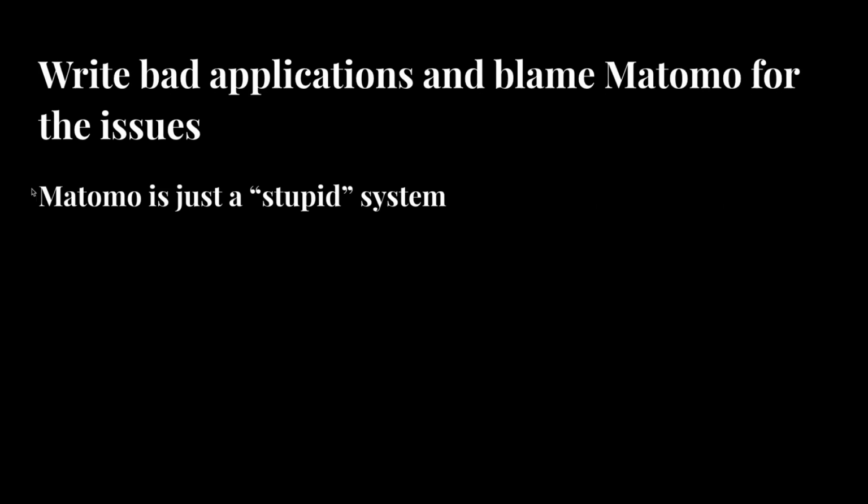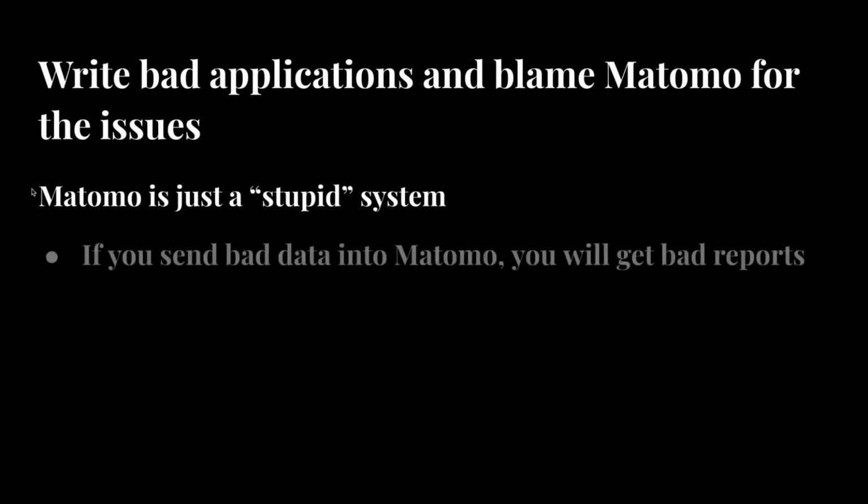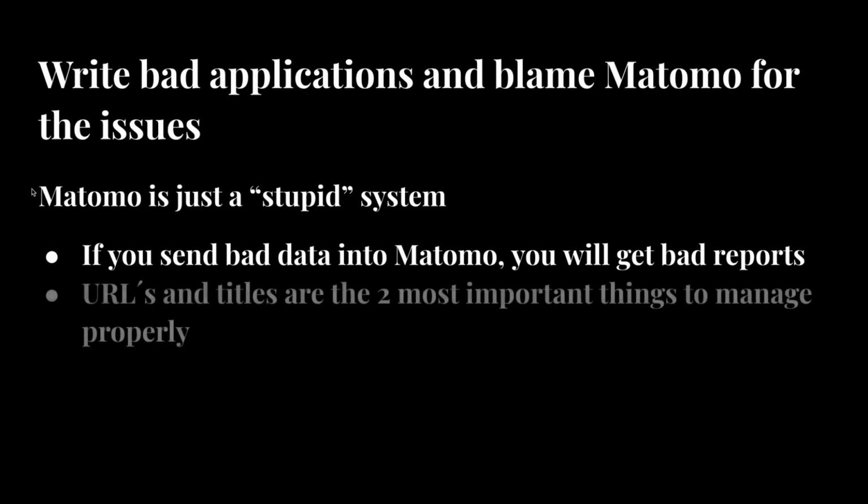So you can't really fix things that are broken in your application, or actually you can, and I will give you some examples of that, but you need to have the mentality of understanding that Matomo is just a stupid system. If you send bad data into Matomo, this could be personal data or whatever, Matomo will just eat that, and you will store it, and you will have problems in different ways.